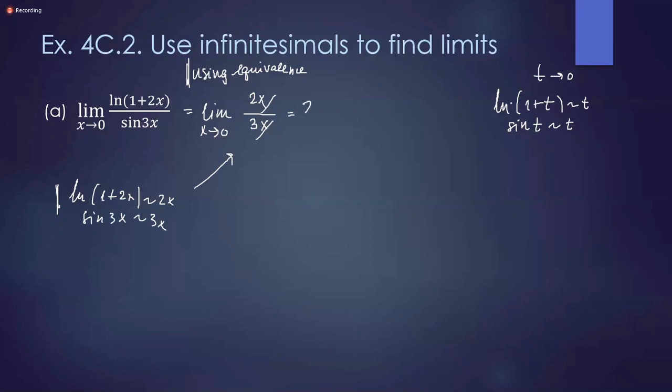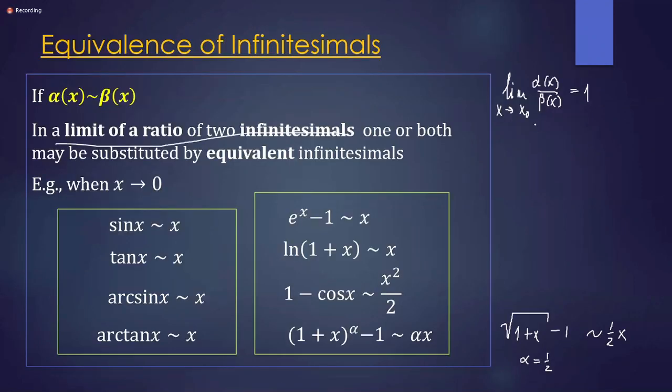I want to return back to this. It applies in the limit of a ratio of 2 infinitesimals, not in any other situation. That's important. You cannot just go on plopping in the equivalent infinitesimals anywhere, only if it's the limit of a ratio, a quotient of 2 infinitesimals.